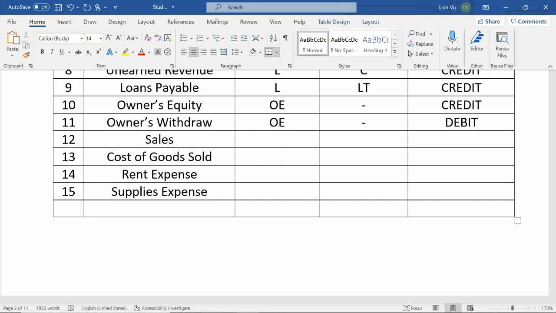Revenue is an income. Sales is how we generate income, through revenues or income, whichever one you want to use.